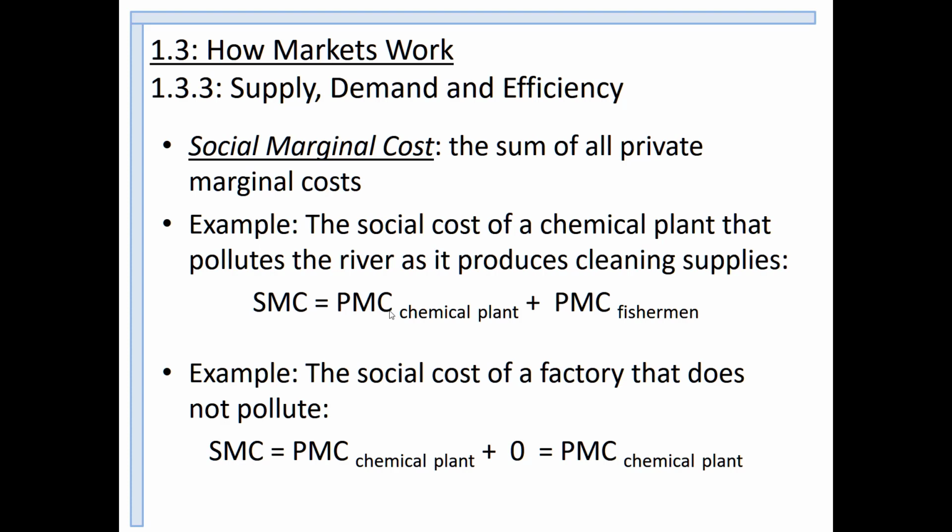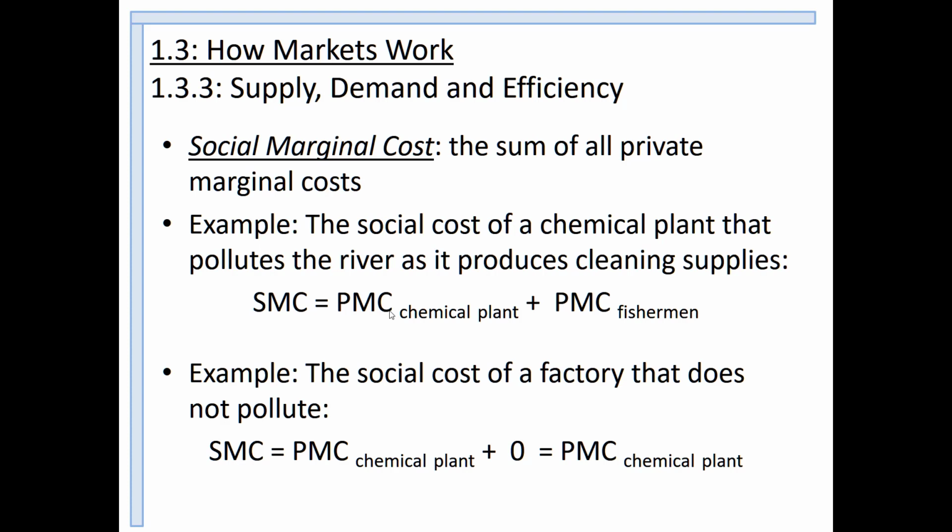So the social marginal cost of producing the cleaning supplies is the sum of the private marginal cost of the producer of the cleaning supply itself plus the private marginal cost that the fishermen are going to incur because the chemical plant polluted the river.